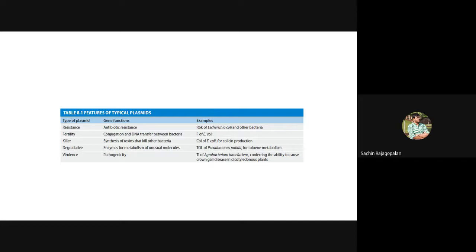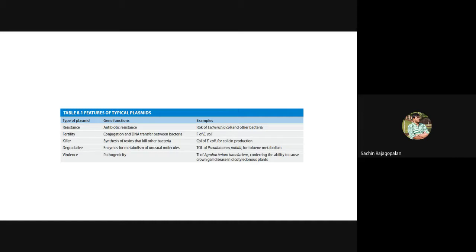Now, there are also plasmids which encode for pathogenicity. So they are called virulence plasmids. The best example for this could be the Ti plasmid of Agrobacterium tumefaciens, with its ability to induce the crown gall disease. You would have seen that in several plants, especially dicotyledonous plants, on the leaves you see these red colored tumor-like structures.